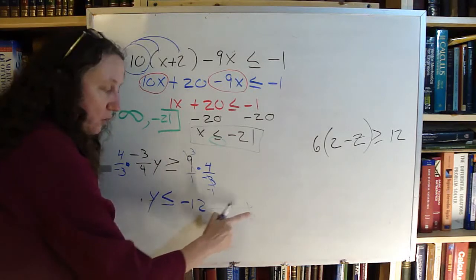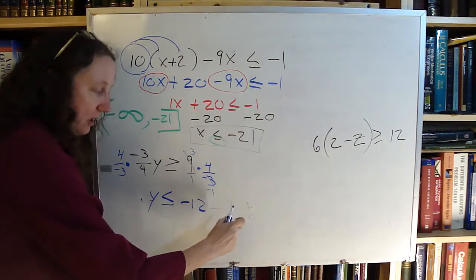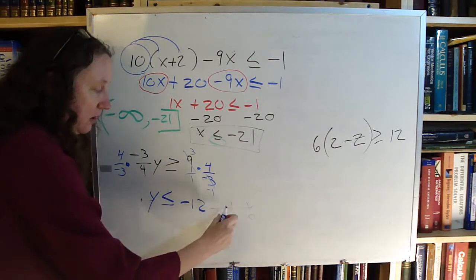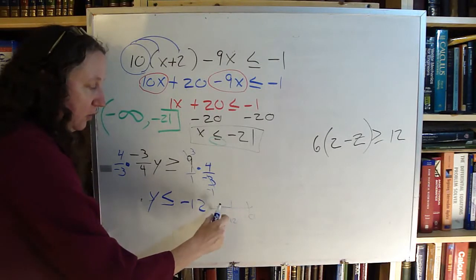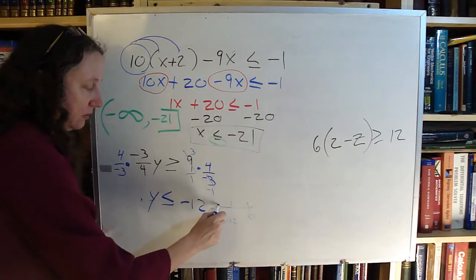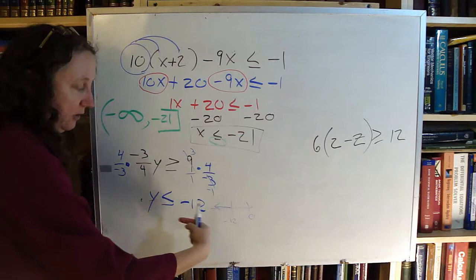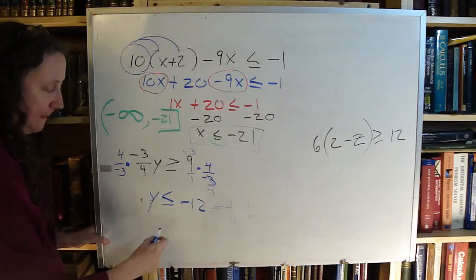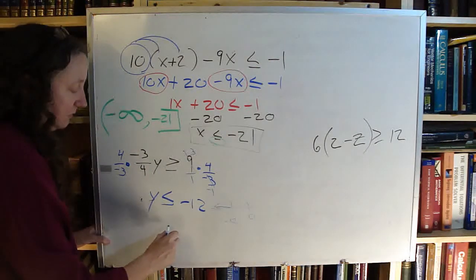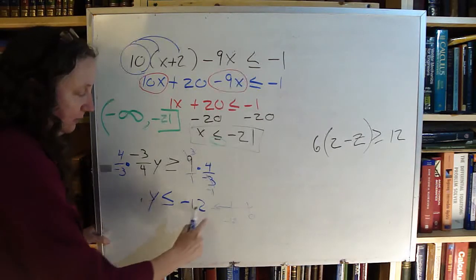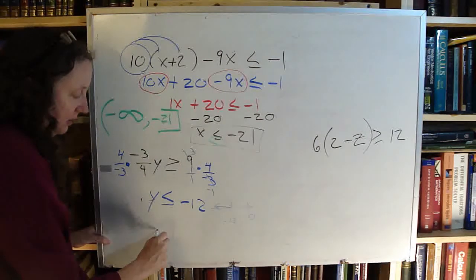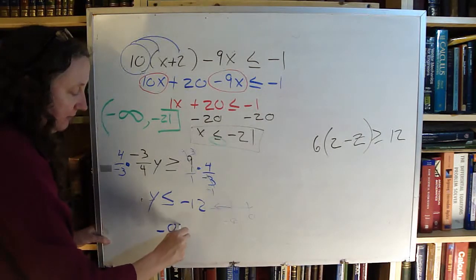I don't want my line to go in that direction, because going towards the 0 is not true. So I want my line to go in this direction.